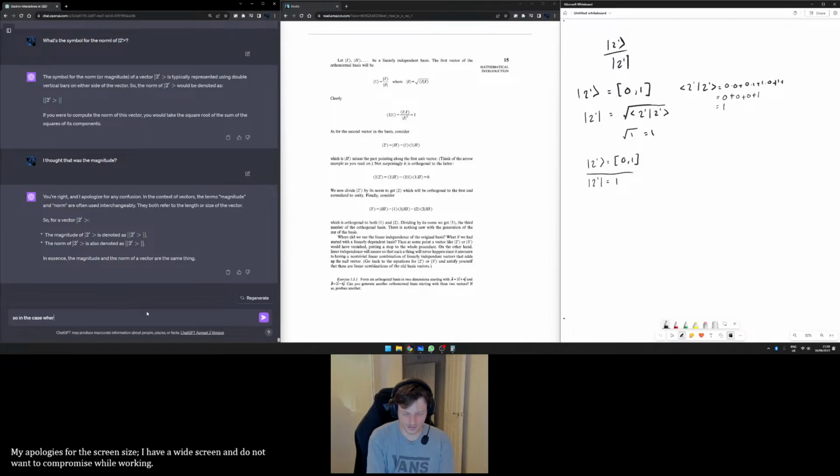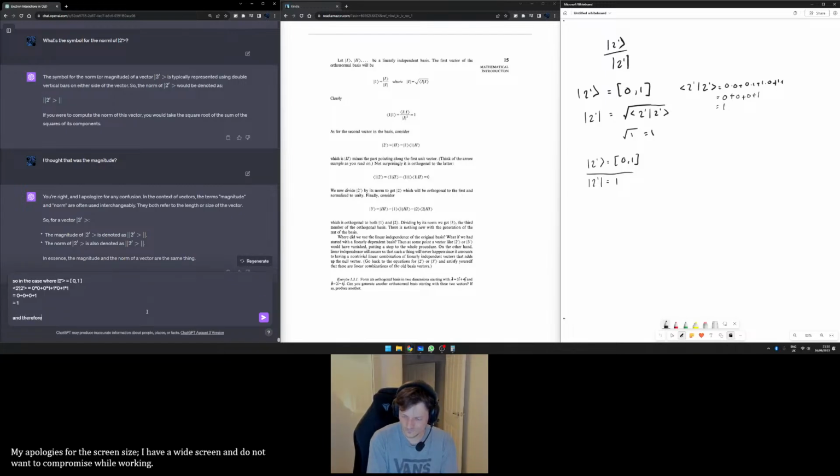So in the case where 2 prime is equal to 0, 1, the inner product of it is equal to 0 times 0 plus 0 times 1 plus 1 times 0 plus 1 times 1, which equals 0 plus 0 plus 0 plus 1, which equals 1.